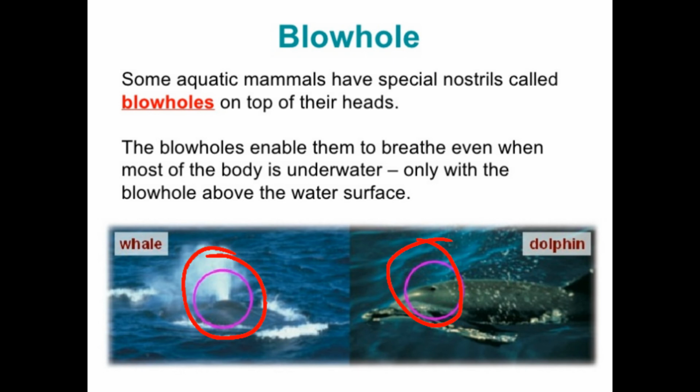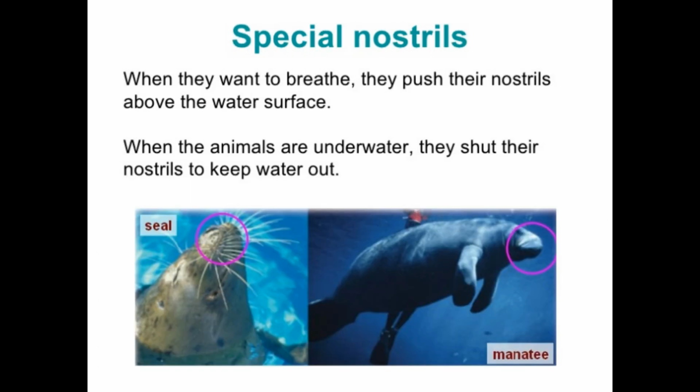Only with the blowhole above the water surface, they come up on the surface, take in oxygen and dive again in the water, and they eject out the water sometimes. Look, what's this whale doing? It's blowing out the water after absorbing oxygen.